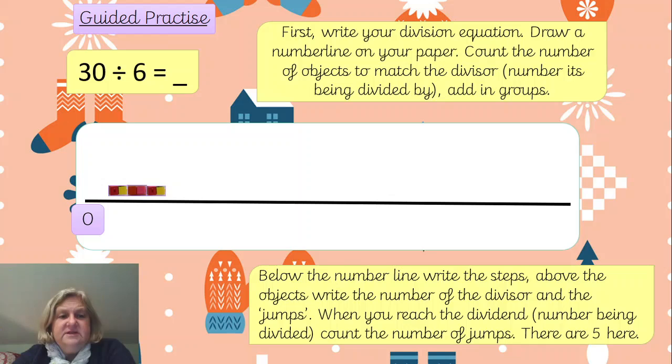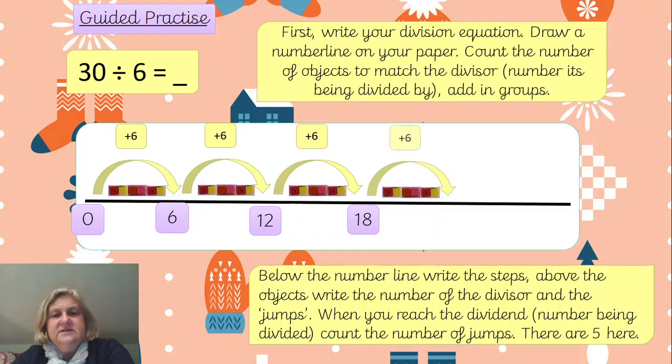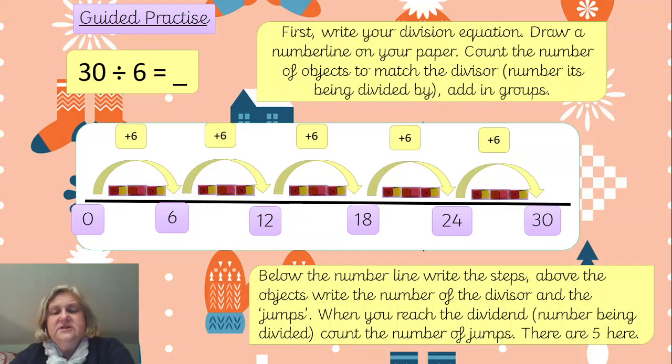So we've got 0, add 6 is 6, add 6 is 12, add 6 is 18, add 6 is 24, add 6 is 30. So how many jumps is this now? We have got 1, 2, 3, 4, 5 jumps of 6, so 5 lots of 6 comes back as 30.